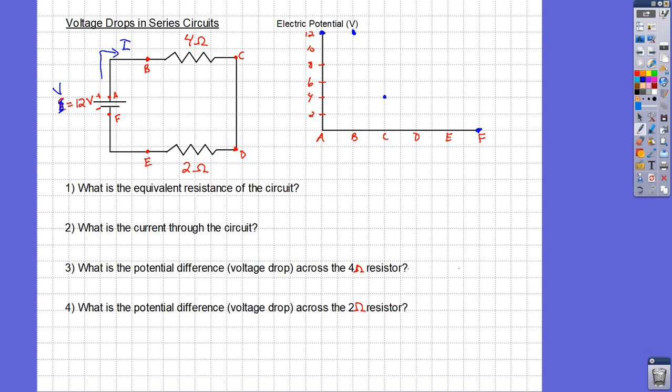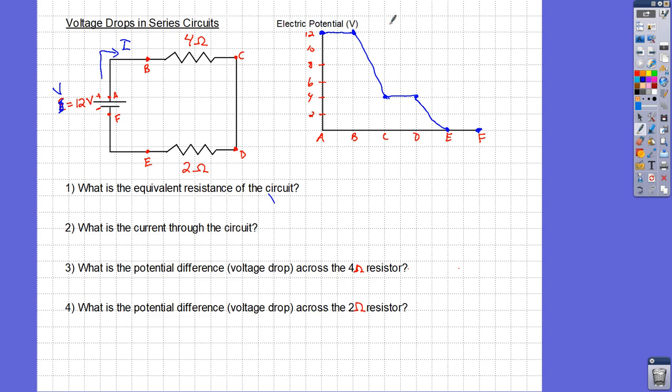C to D is connecting wire, no drop there. And then from D to E is going to be the other drop, that 4. So we have the drop in electric potential here, and then another one going through that resistor.